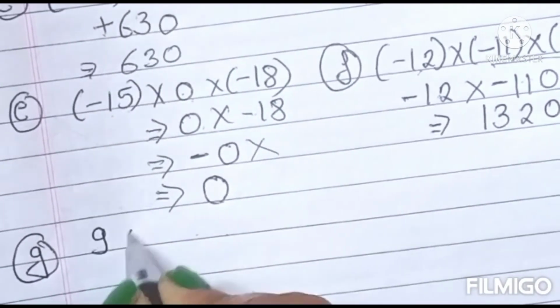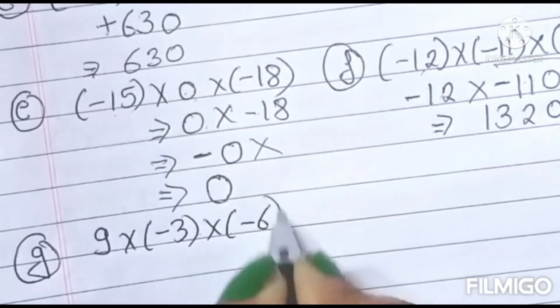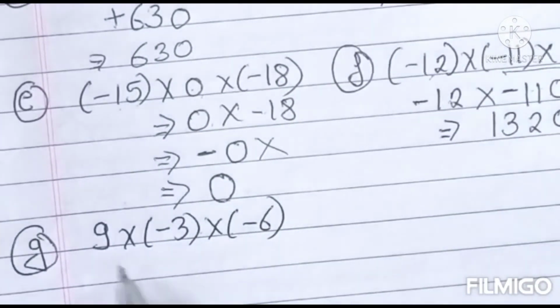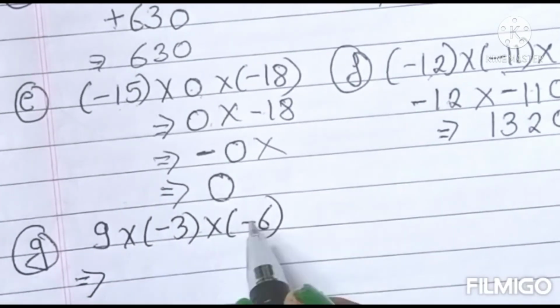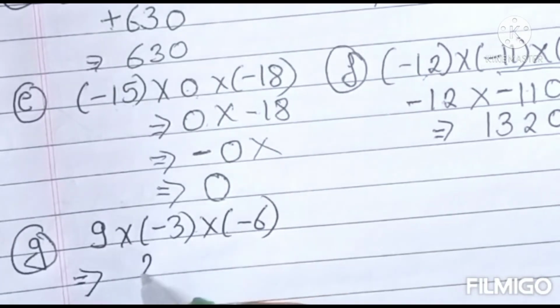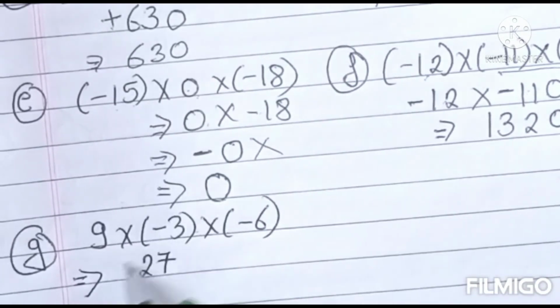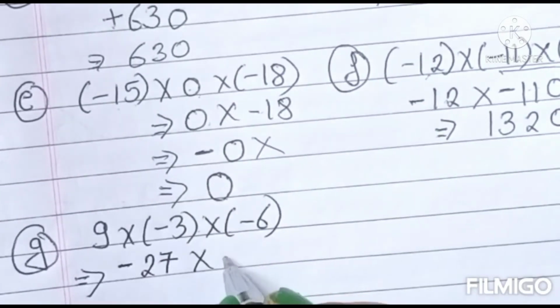9 into minus 3 into minus 6. Now 9 into 3, again 3 integers are given. Let us multiply any two integers, these two or these two. Let us multiply these two numbers now. 9 3s are 27, very good. And 1 minus sign is given, so let us put minus 27 into minus 6 as it is.